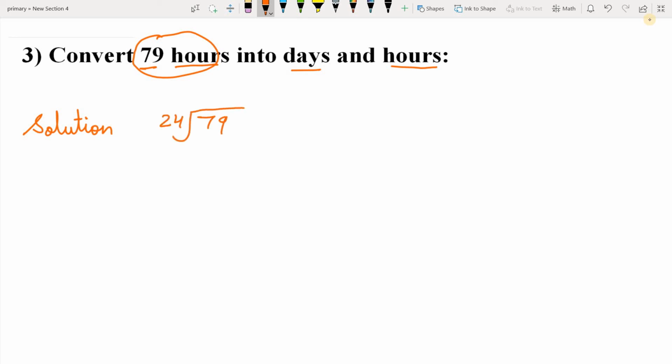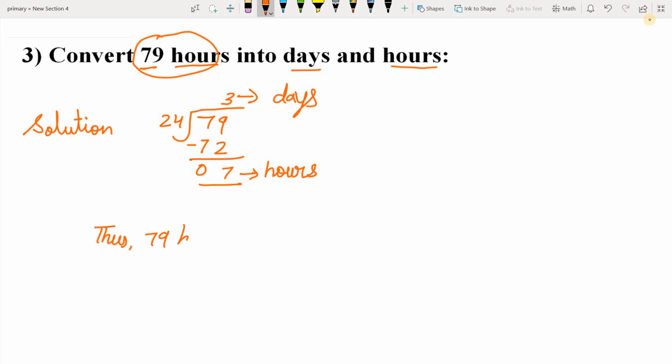So 24 goes into 79. How many times? It's 3 times and we get 72. So 79 minus 72 we get 7. Students, यहाँ पर ये जो 7 है वो क्या है? वो आवर्स है और ये जो 3 है वो क्या है? डे है. Thus 79 hours is equal to 3 days and 7 hours.